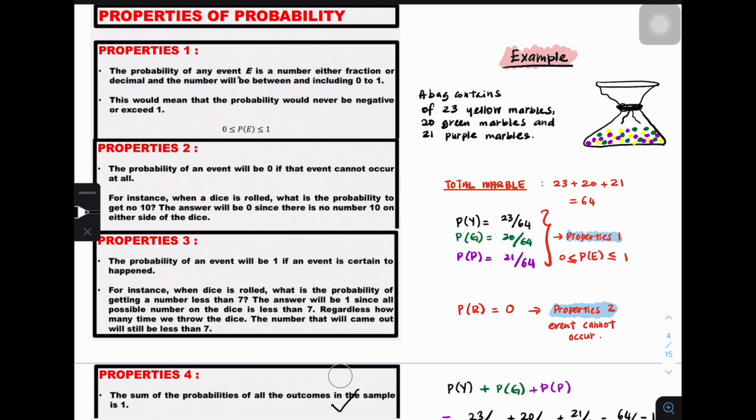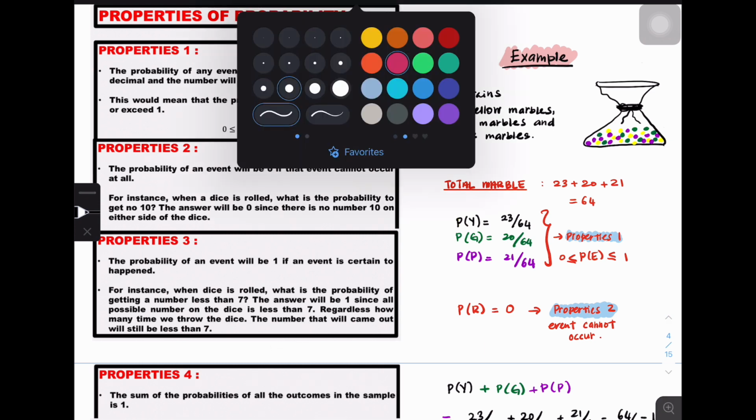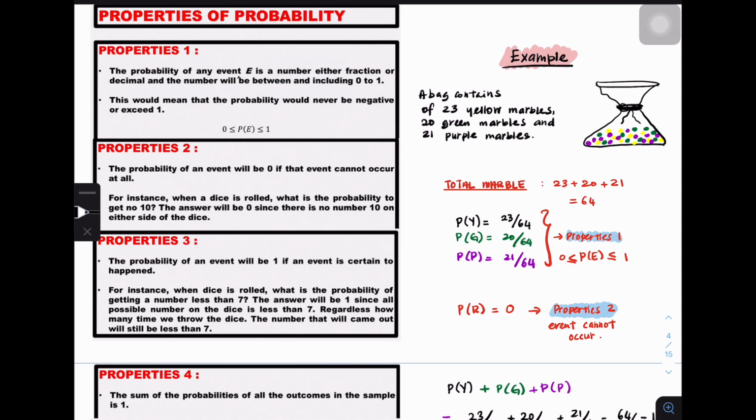Ada 20 guli warna hijau dan ada 21 guli berwarna purple. So, ada berapa total guli dalam beg ni? 23 campur dengan 20 campur dengan 21, kita ada 64 biji guli dalam beg ni. Okay, 64 biji guli.